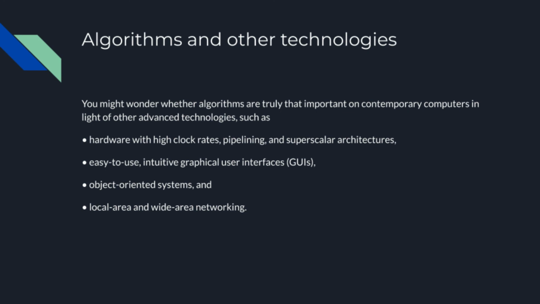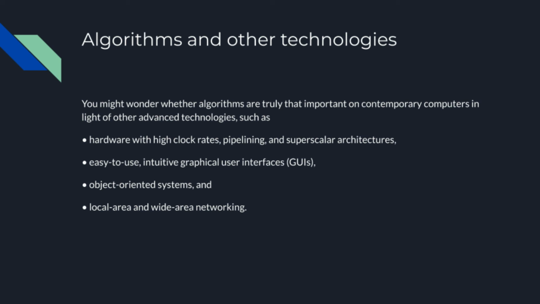You might wonder whether algorithms are truly that important on contemporary computers in light of other advanced technologies, such as hardware with high clock rates, pipelining, and superscalar architectures, easy to use, intuitive graphical user interfaces, object-oriented systems, and local area and wide area networking.